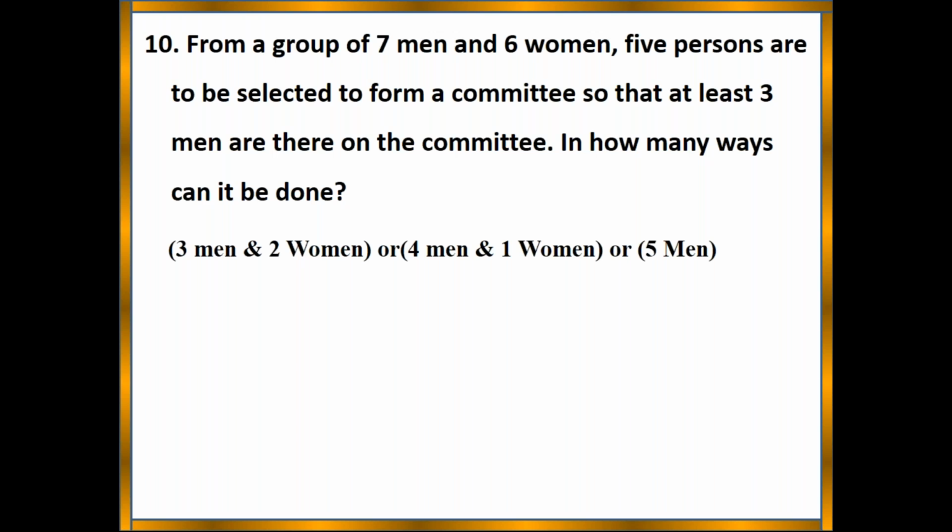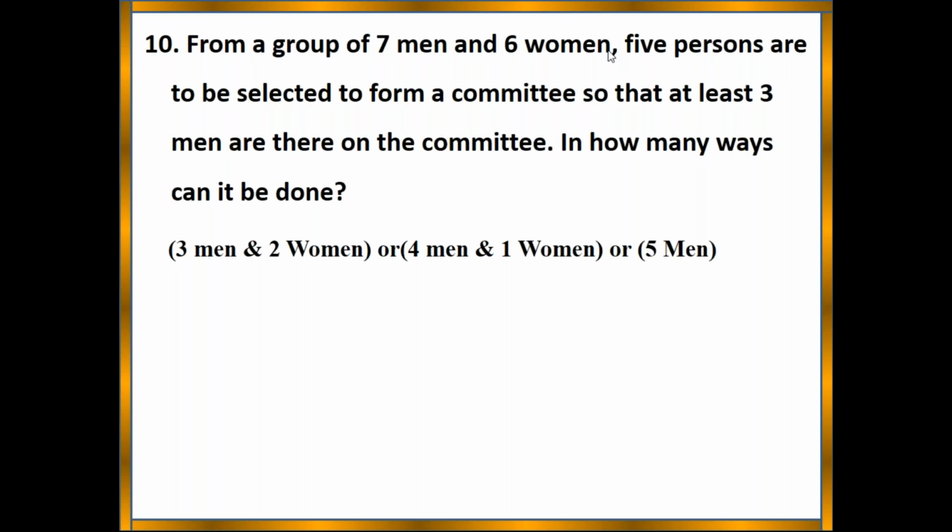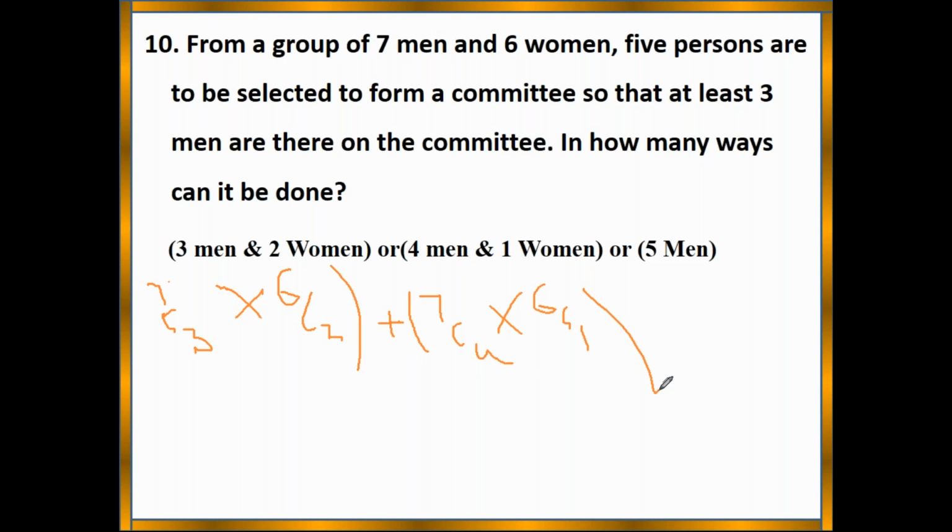So out of 7 men, 3 men are selected, 7C3, into, out of 6 women, only 2 women selected, 6C2, plus out of 7 men, we have to select only 4, 7C4, into out of 6, only 1 woman, 6C1, plus 7C5, all are men only.